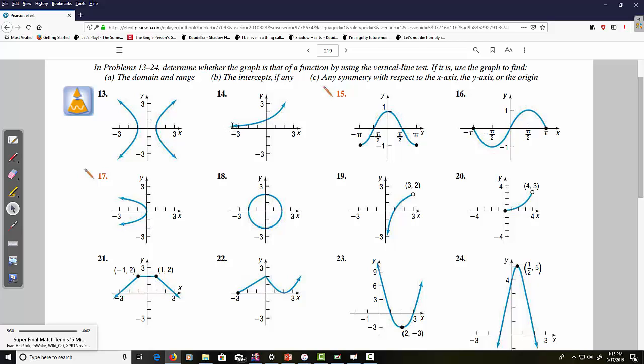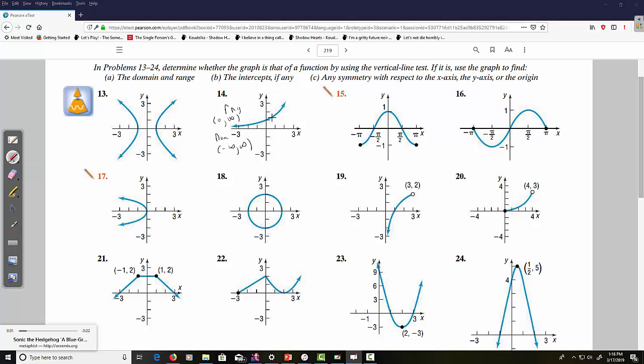If that's the case, if it never crosses 0, its range is 0 to infinity, not including 0. Range would be 0 to infinity. Domain would be -infinity to infinity, because it certainly looks like it's going infinitely to the left and infinitely to the right.